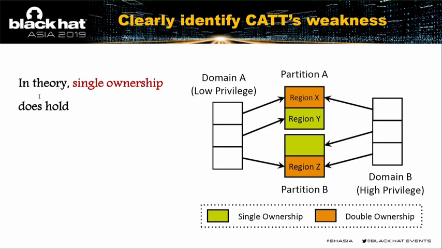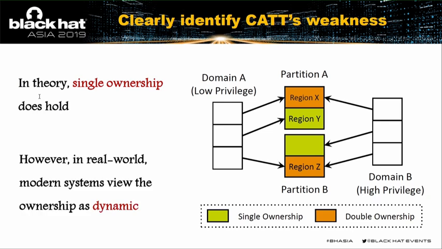In theory, the single ownership dictated by CATT does hold, but in a real-world modern system, ownership is dynamic, particularly double ownership. So what is double ownership? Let's see this picture. The memory region X has 2 owners, domain A and domain B, and a similar situation also occurs in partition B, region Z. To illustrate double ownership, we use a real-world scenario. Let's regard domain A as a user domain and domain B as a kernel domain.